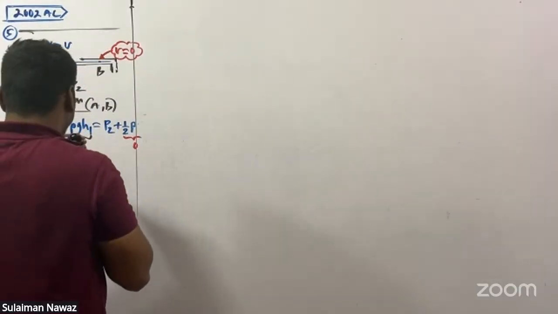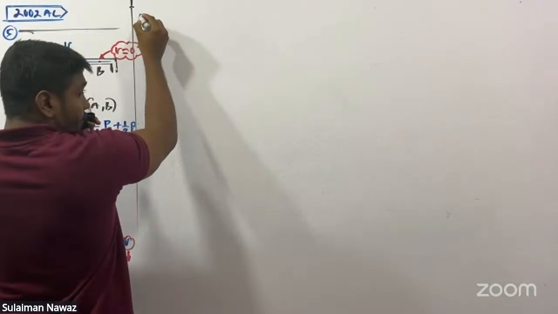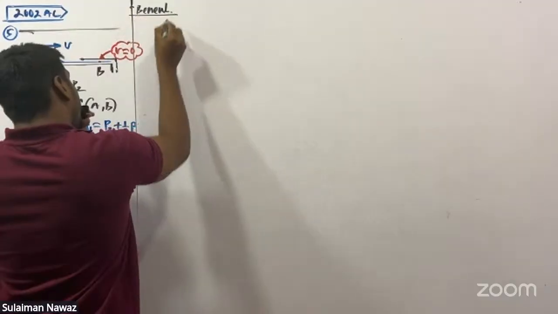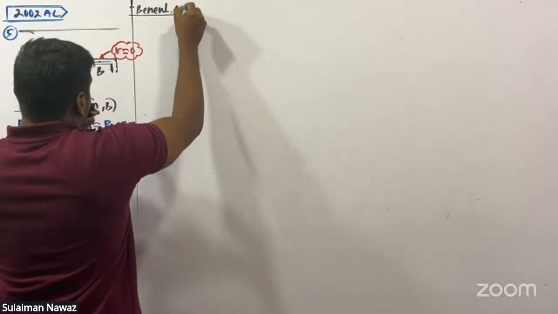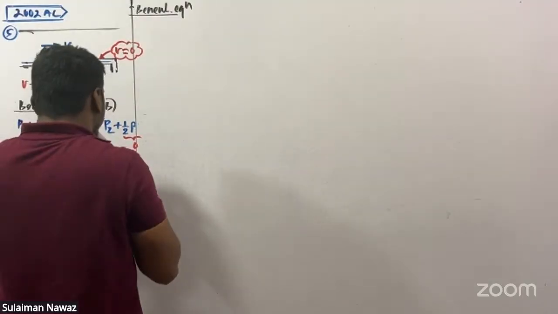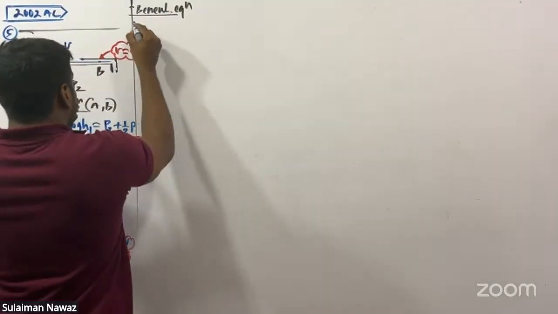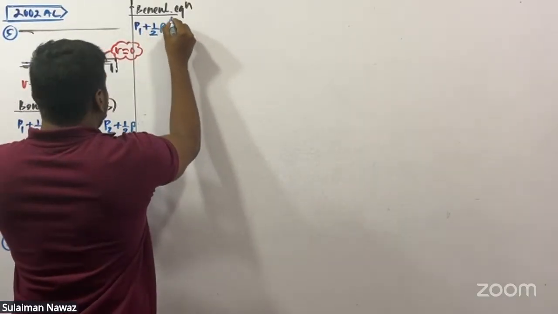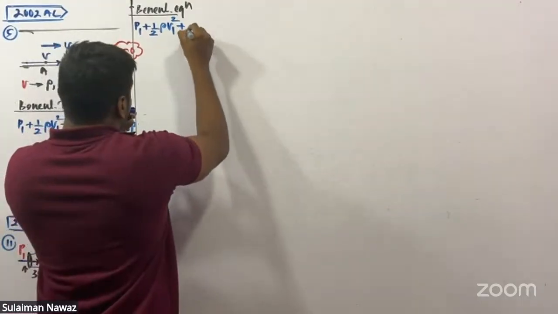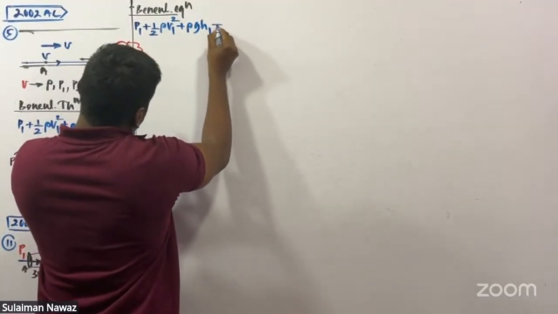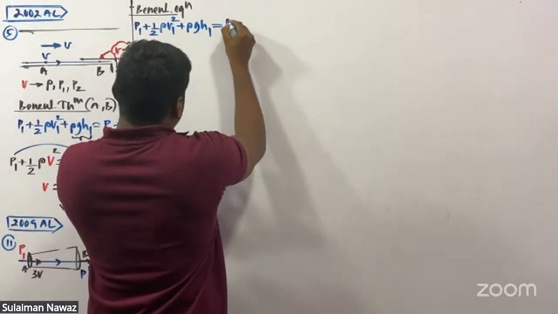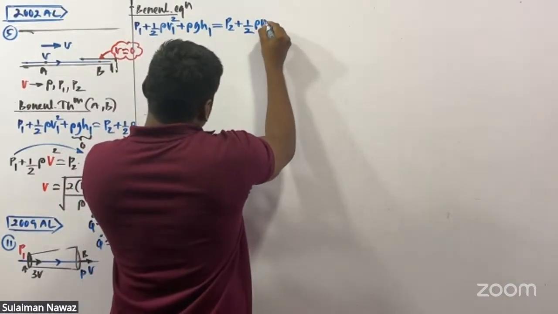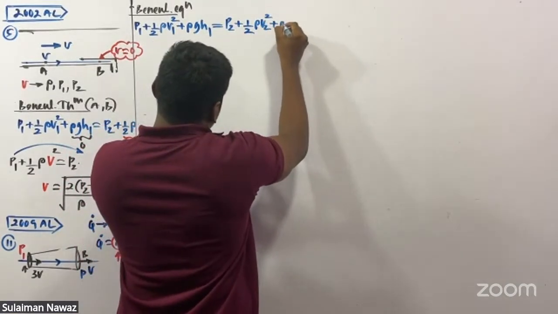P1 plus half rho V1 squared plus rho g h1 must be equal to P2 plus half rho V2 squared plus rho g h2.